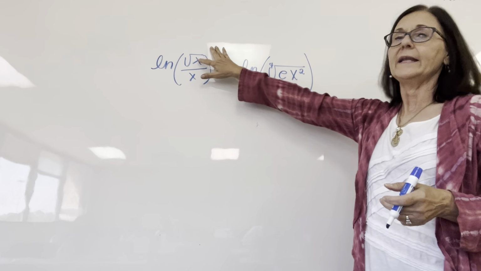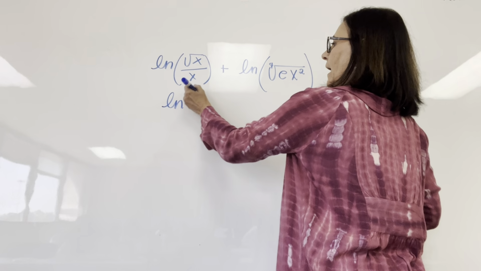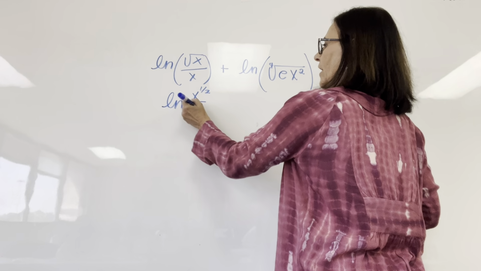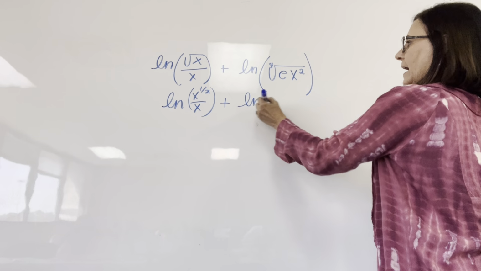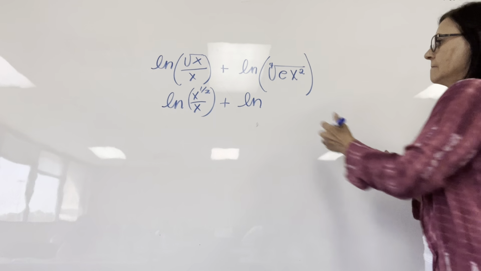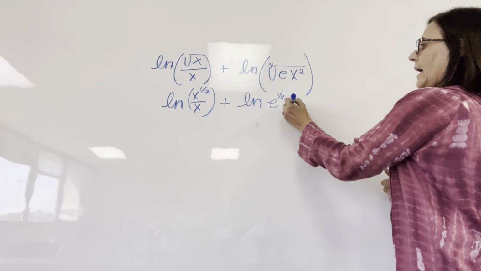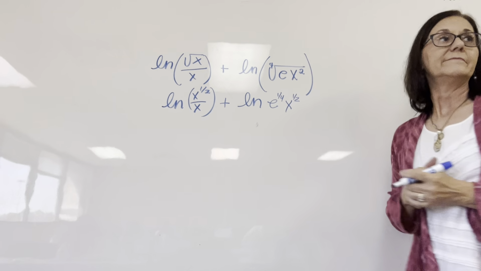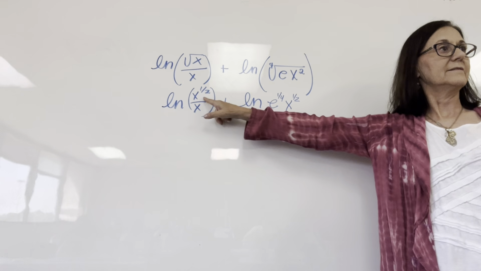All right, so I can write the numerator as what? x to the 1/2 over x, right? And I can write this as e to the 1/4 x to the 1/2. Right? Can I further simplify this? Yes.